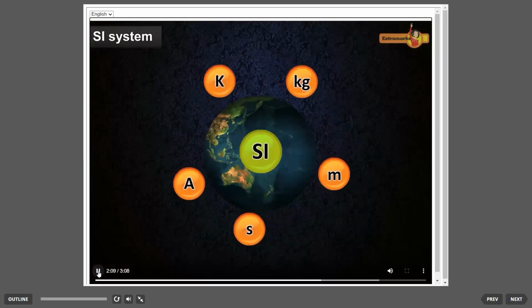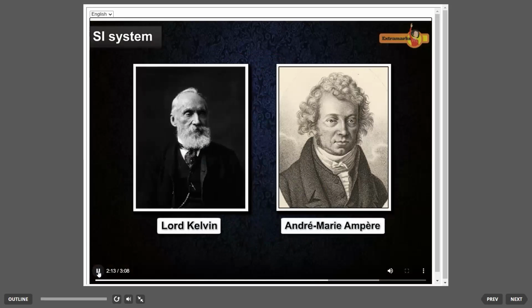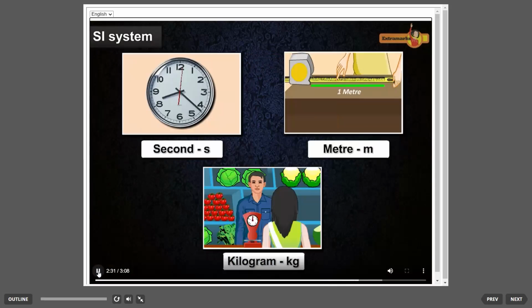According to the conventions of the SI system, the symbols named after a scientist's name must always be written in capital letters. For example, capital K for Kelvin, capital A for ampere. On the other hand, symbols for other units must be written in small letters.